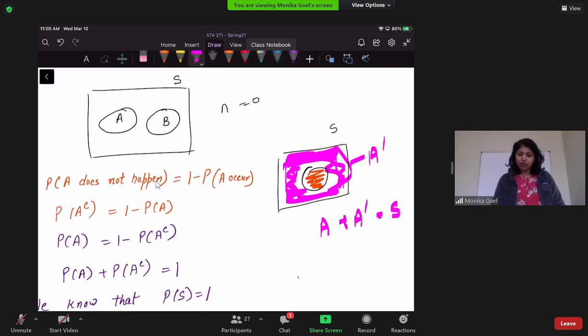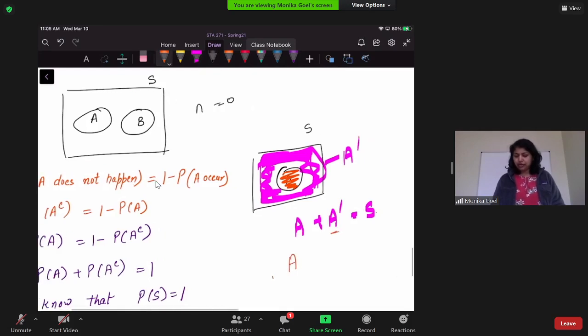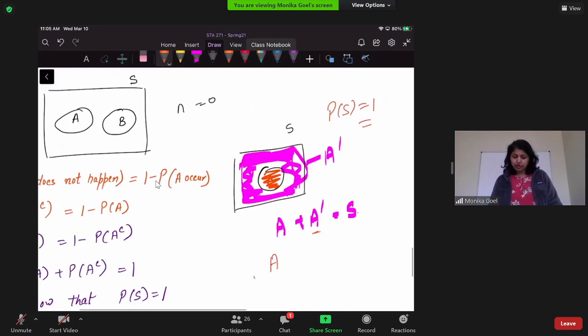So sample space is the sum of A and A complement. So if I know A, I can find the probability of A complement, because I know that the probability of the sample space is 1 using the second rule for probability. So the probability of A plus its complement gives me the probability of the sample space.